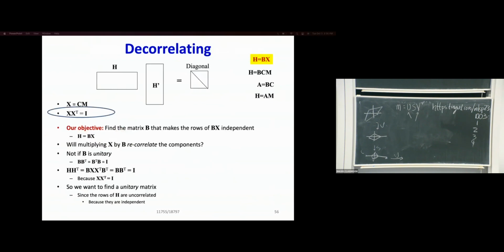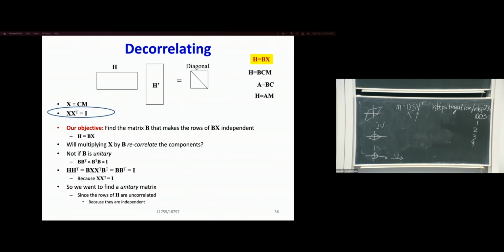So now comes the hardest step. This is probably the second step of 4B, where we want to find the matrix B that makes the rows independent, right? So we have this X part. Now we want to hit it with a B to make the rows crystal clearly independent. Like I said before, we don't want B to be a matrix that screws things up.